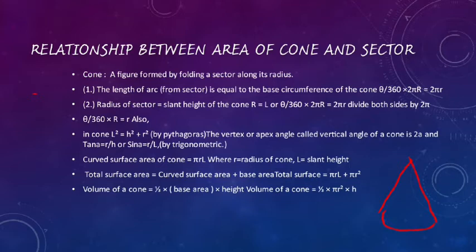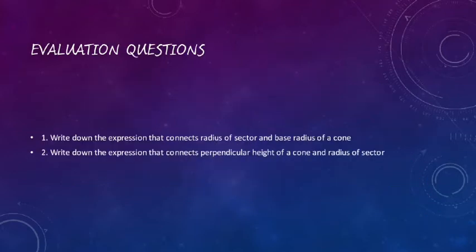Then the volume of a cone is given as 1 over 3 pi r square h, where r is the base radius and h is the perpendicular height of the cone.